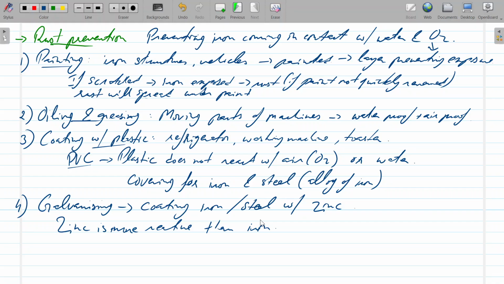And so the zinc coating corrodes, and it gives up electrons to iron. Why is it giving up electrons to iron?